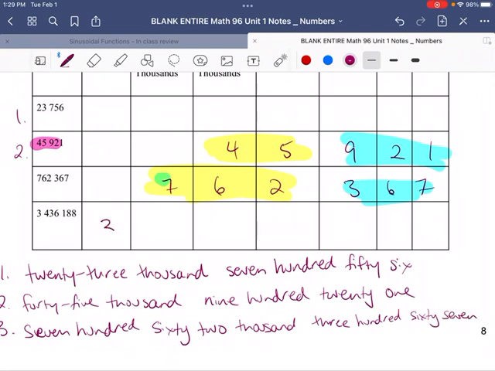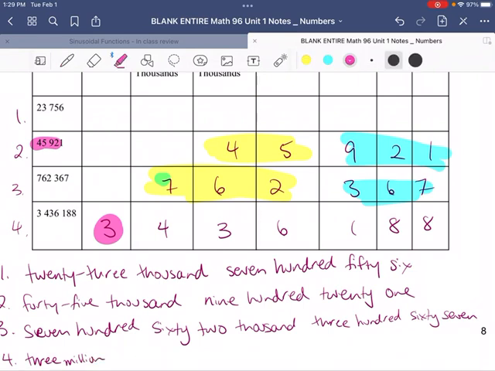And then the last one here. We're going to start with the millions. So how many millions do we have? We've got 3 million. Okay. 3 million. Then we talk about stuff in the thousands. So 436, but we have to tell it's 436,000.